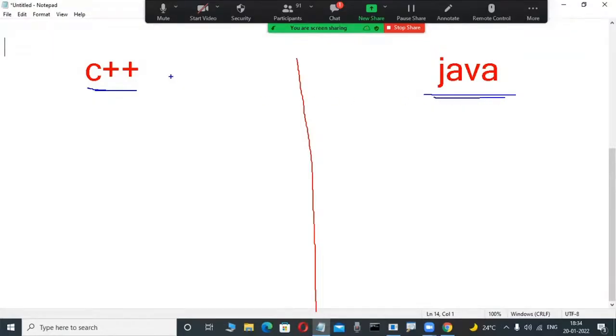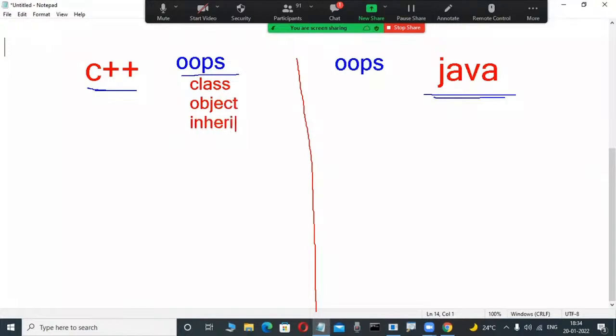In object-oriented languages, some OOPS concepts are there, maybe object-oriented features. Here also OOPS concepts are there. Here also OOPS concepts are there. Some fellows may have an idea: class is a concept, object is a concept, inheritance is a concept, polymorphism is a concept.